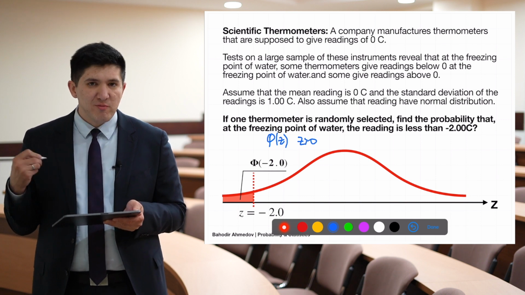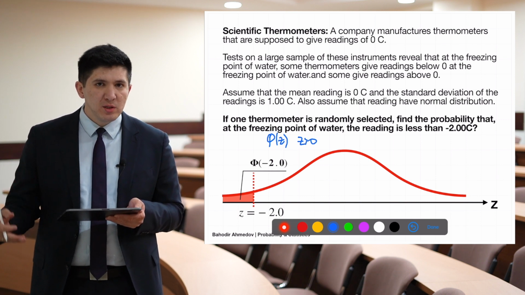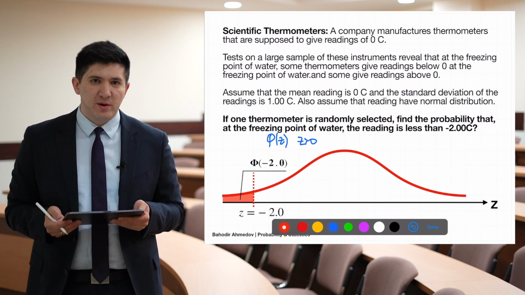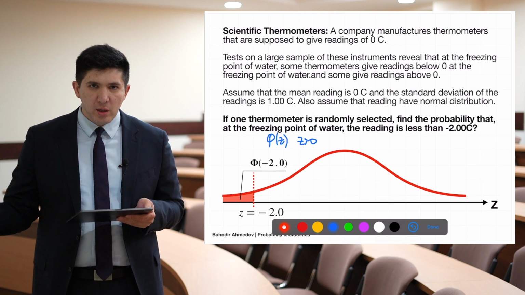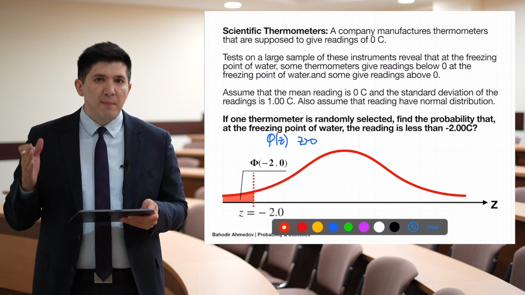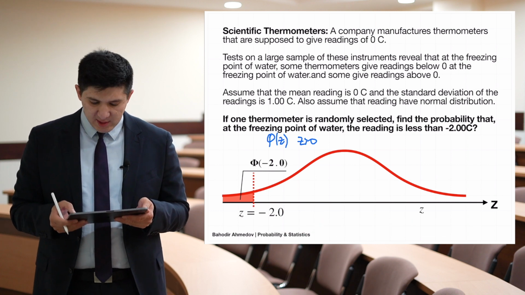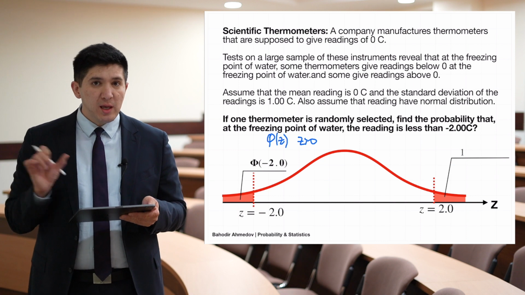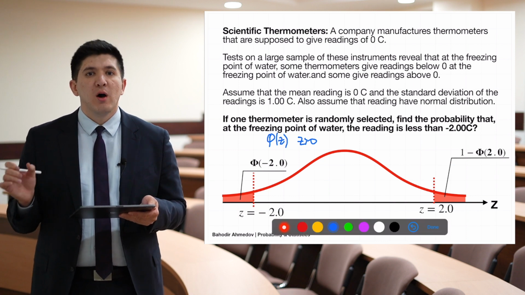If you need phi of -2, you have to use the value of phi of 2 in order to find this. Since this curve is completely symmetric, the area up to -2 is going to be the same as the area after 2. So these two areas on the tails of this curve are the same.